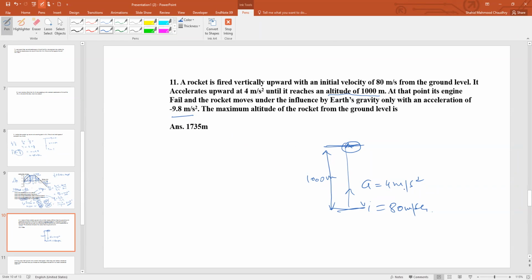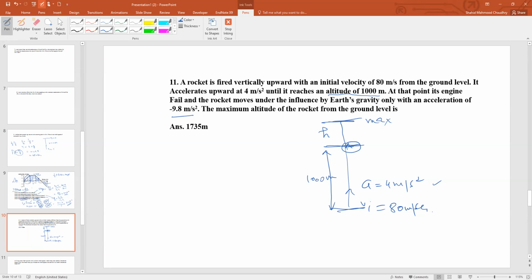So this acceleration finishes, but the acceleration due to gravity is now acting on it. So it will move a little up due to this thrust, you can understand. It covers some distance h up to this level, and this is its maximum level.